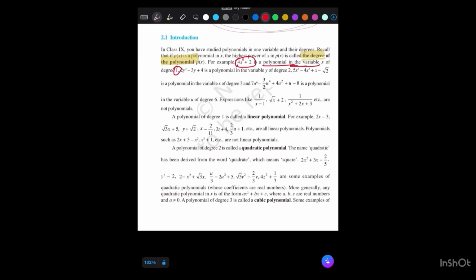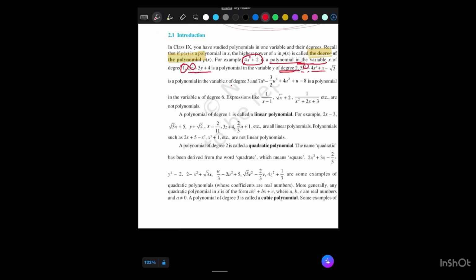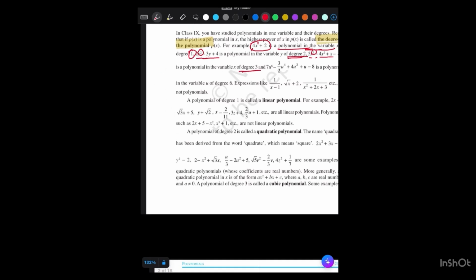In the equation 2y squared minus 3y plus y, what is the degree? We can see that 2 is the highest one, so the degree is 2 here. See here, x cube, 4x squared, then x power 1. What is the highest degree here? x power 3. That is the degree, 3. So this is a basic thing.